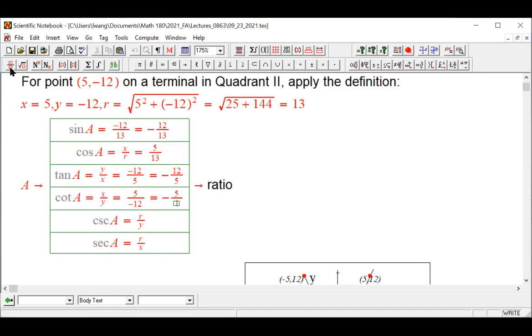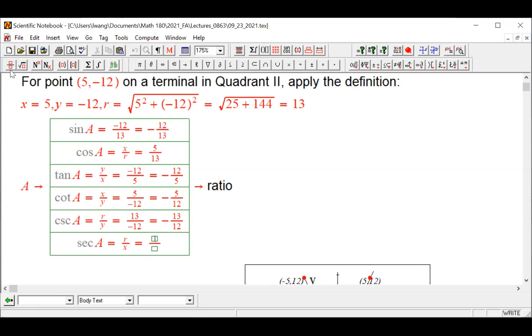Do we discover something in the process? All right. So 13 over 5. Am I right? You see how straightforward it is?